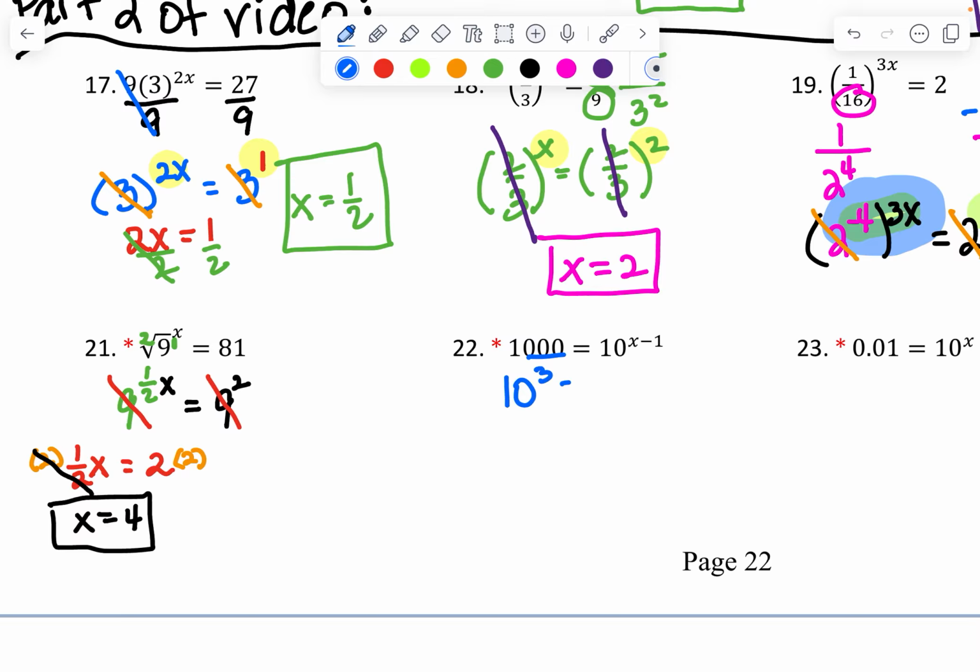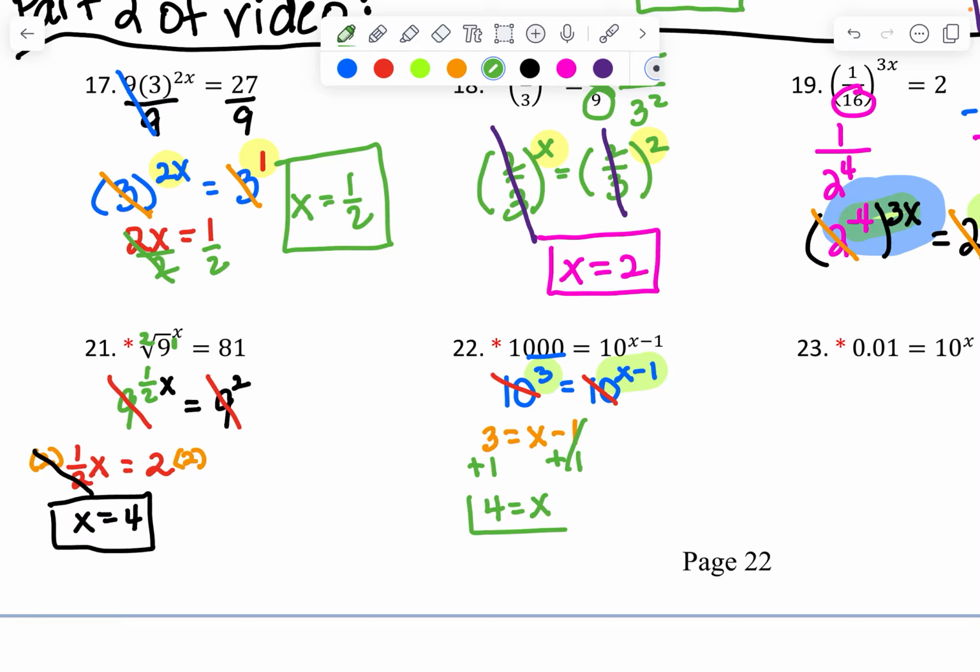And because I had to drop it, it's really 10 to the negative 2 power. And I'm going to go ahead and bring down the equal and the 10x. I have the same base, mark out those tens. What's left is this negative 2 and that x, and that is going to be my answer. X equals negative 2.